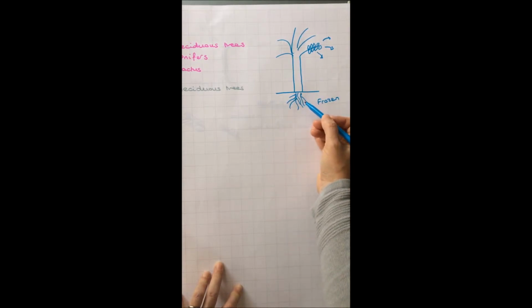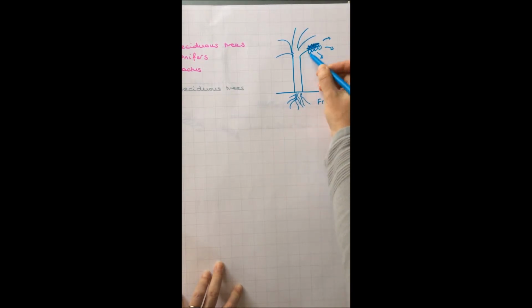So one of the reasons why deciduous trees lose their leaves is thought to be so that without leaves there's no water loss, and they don't have to worry about replacing that frozen water.